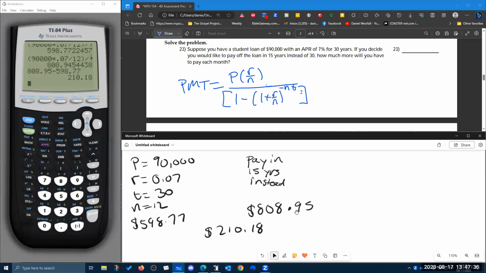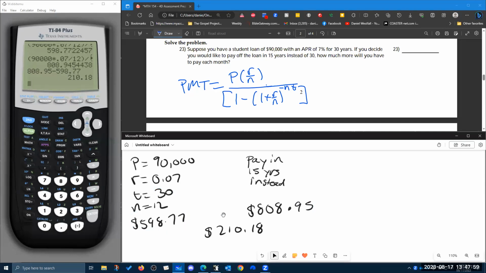One of the advantages to this, if you're unsure that you're going to be able to pay the $808.95 every month, you know that the amount that you're going to have to pay is $598.77, and you'll still be able to get it paid off in the 30 years that way.